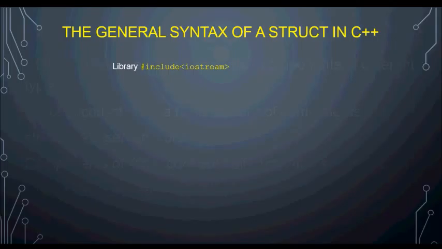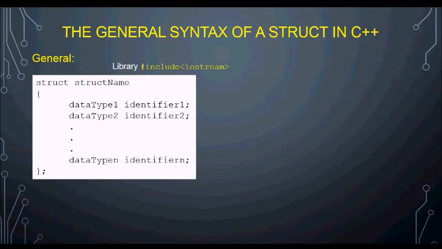General syntax of a struct in C++. The library that we need is #include <iostream>. The general syntax is struct, then the struct name that we want, open and close braces. Inside that are the data types, then the identifiers that we want to use. For example, data type 1, identifier 1, data type 2, and identifier 2, and so on.